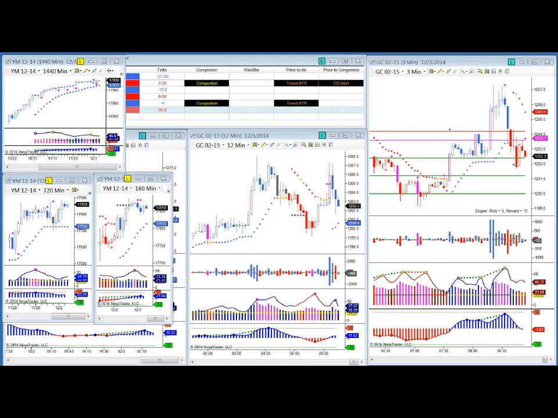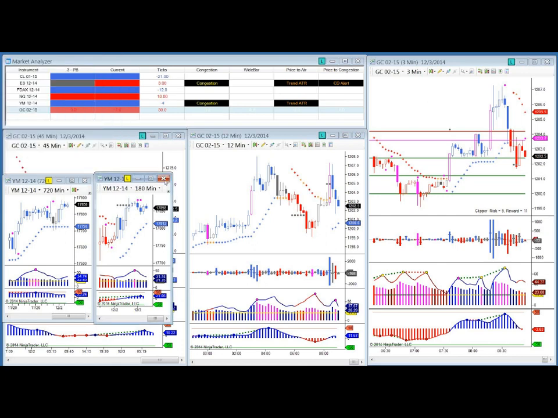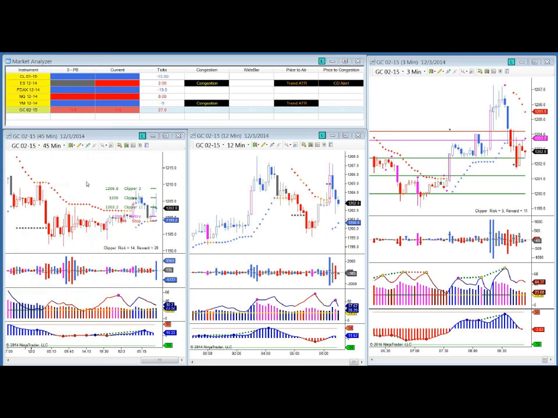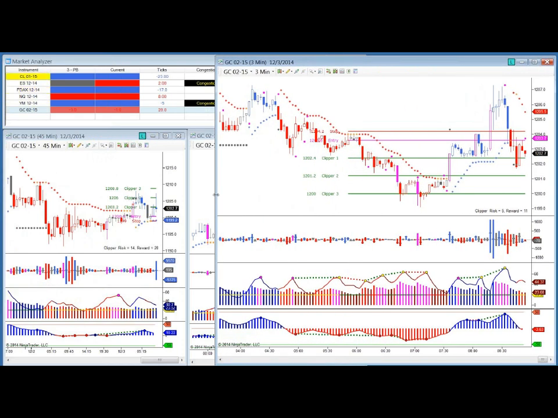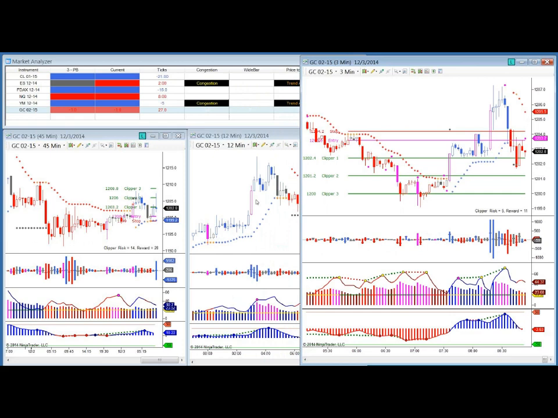Now, I wanted to point out a gold trade I took this morning, and this was just because I had the alerts running. We were at the ATR here. There was no ATR in the way on the 12-minute, and we had just had a wide bar retrace back to the congestion dot.